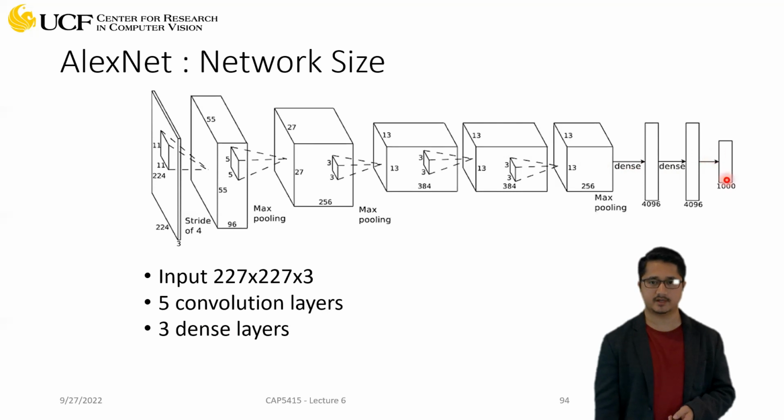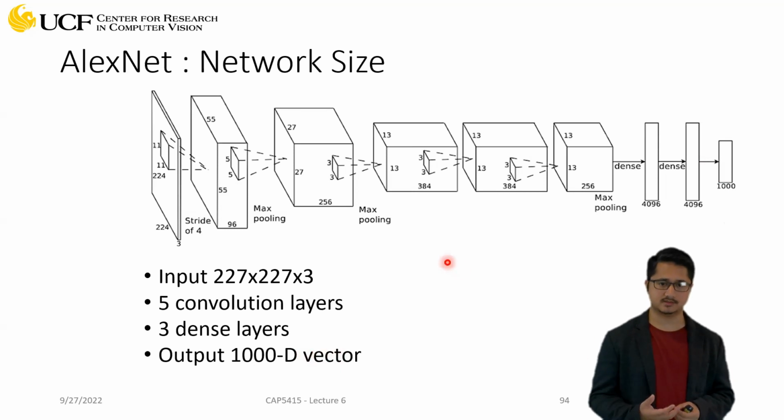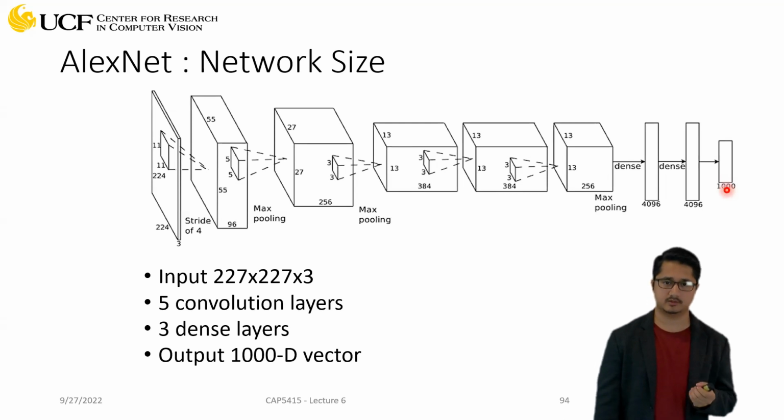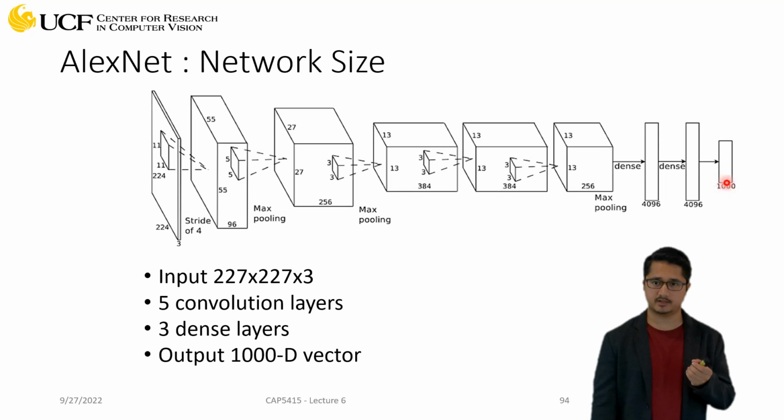The third one is the final one. Finally, the output is a 1,000 dimensional feature vector, because we have 1,000 different classes. So we want a 1,000-way classifier. Each of those 1,000 values corresponds to one class label. If that value is high, it means that the network is predicting that particular class. And all the other values should be low in that case.